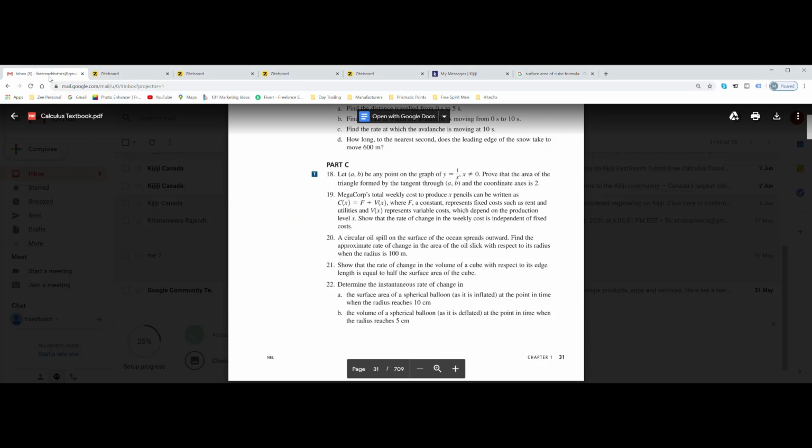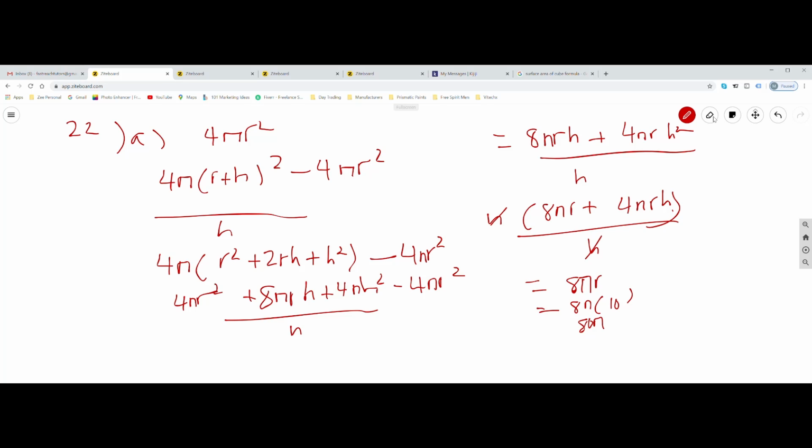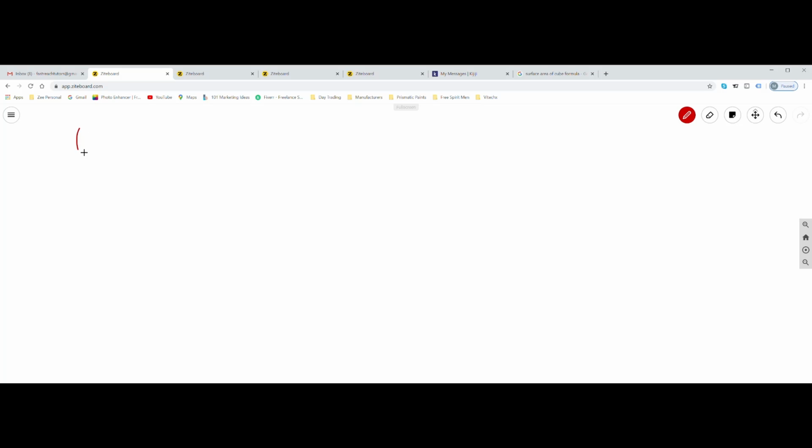And that's for A. And B. For B, you have 4 over 3 pi r cubed.